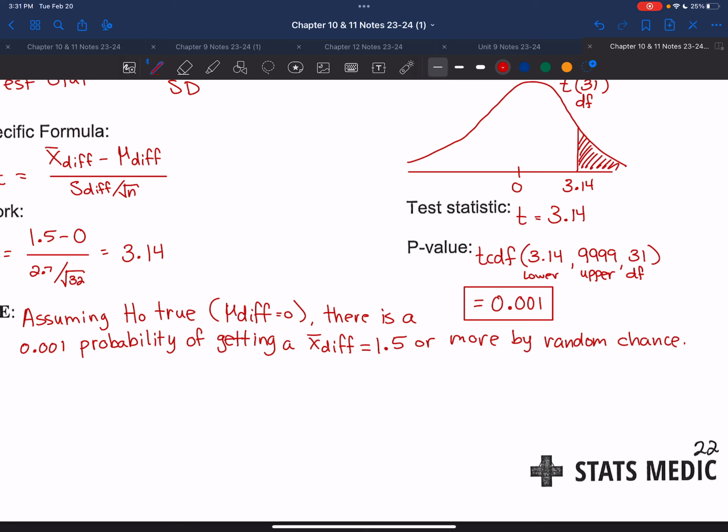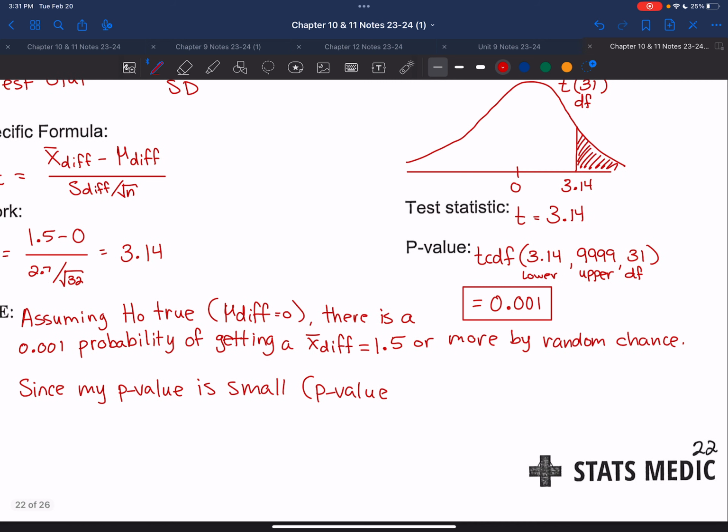Now, 0.001 is small, so I'm going to say since my p-value is small, in parentheses I'm going to put p-value equals 0.001, which is less than our significance level of 0.05. I'm going to say we reject our null.